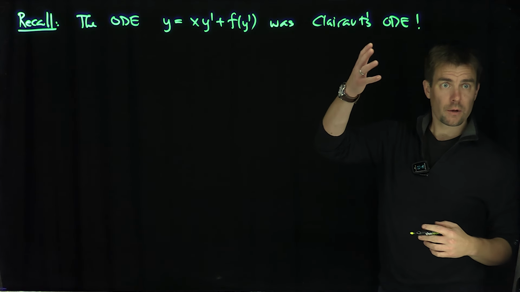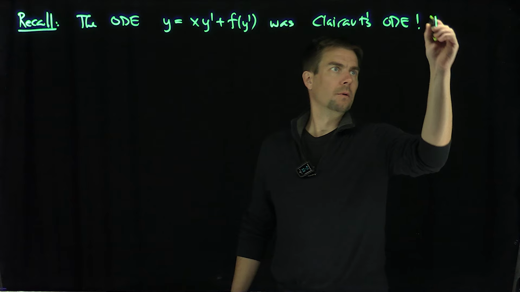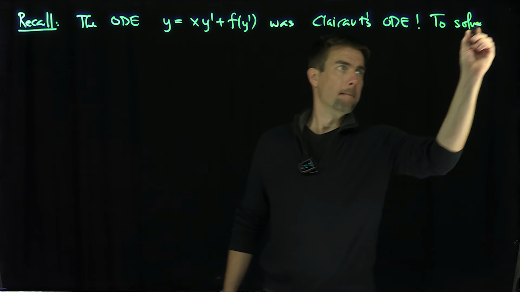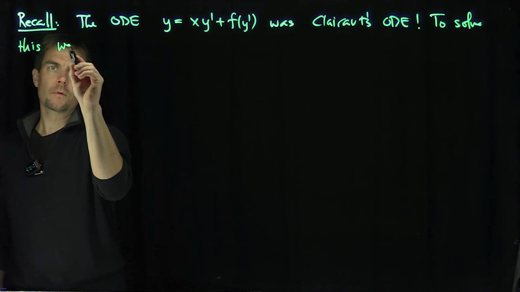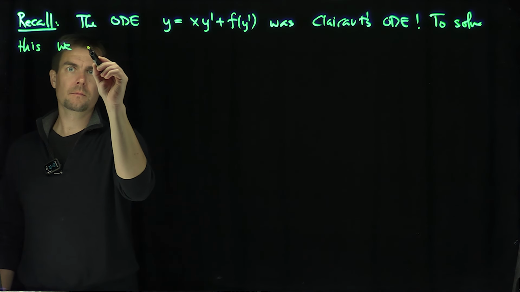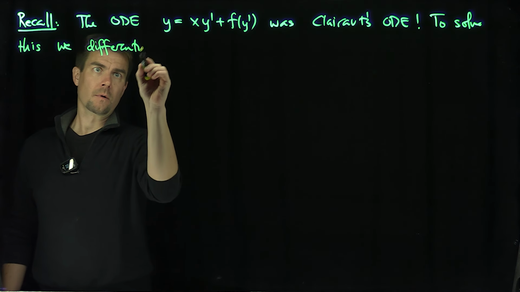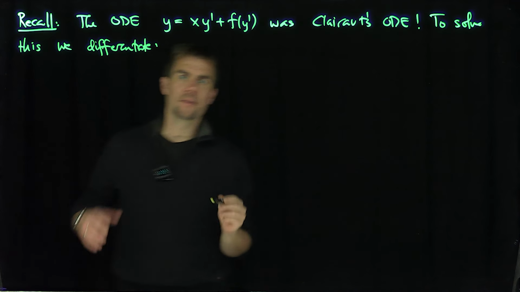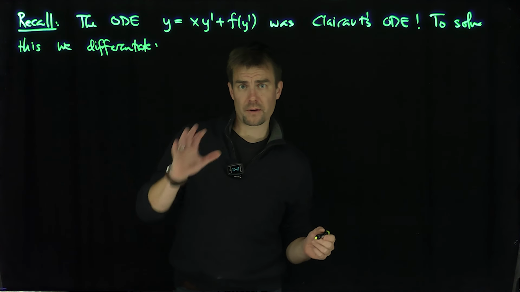We differentiated Clairaut's equation to solve this. Okay. And this is a good example of where an ODE technique will apply to a PDE result. We've already seen this with the method of characteristics.